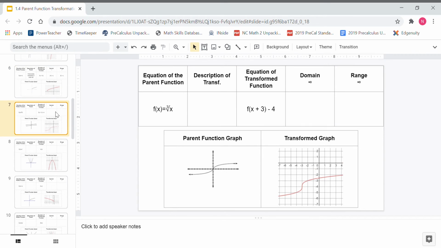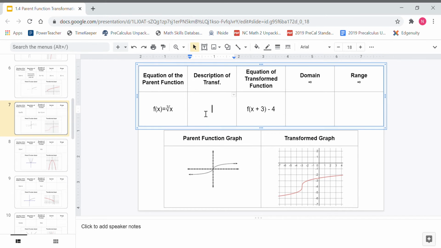If we look at slide 7, we have a cube root function, and it functions similarly to the cubic, where the domain and range rarely change from negative infinity to positive infinity. But we do see some shifts from the original parent graph. It looks like we go down some and over some: down 4 and left 3.